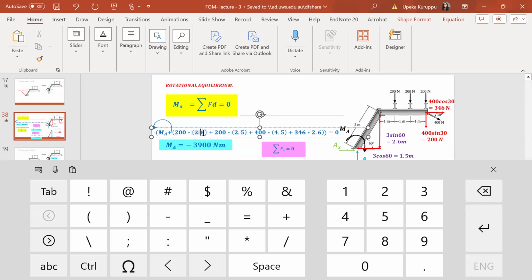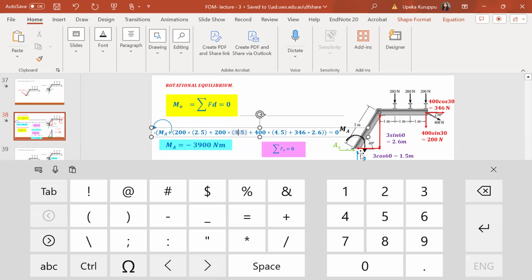No, I think, yeah, I am right. This is 2.5, this is 3.5. The ones we had were right. 3.5, 4.5. Yeah, I have missed one here. So 400 times 4.5. Yes, now it's all okay.